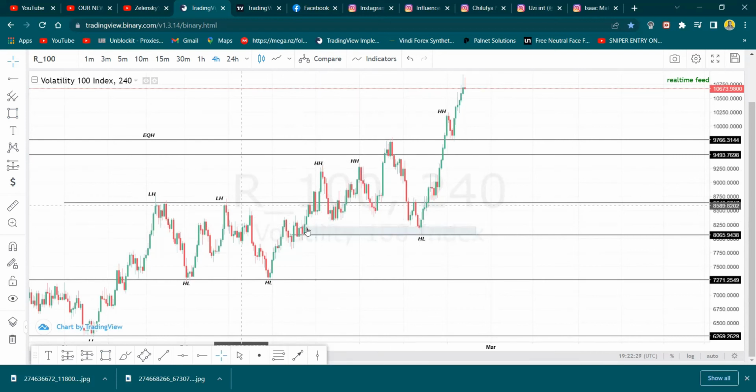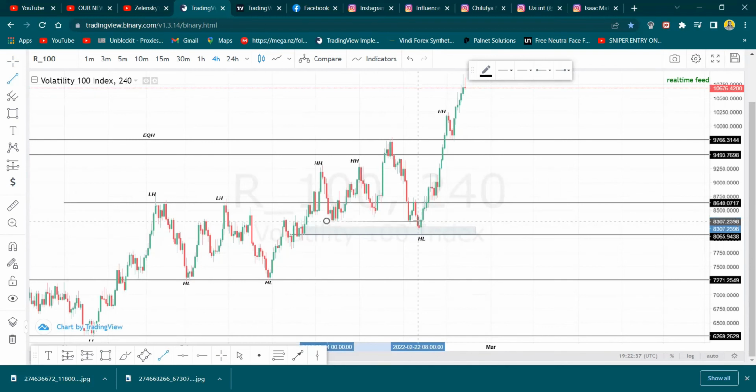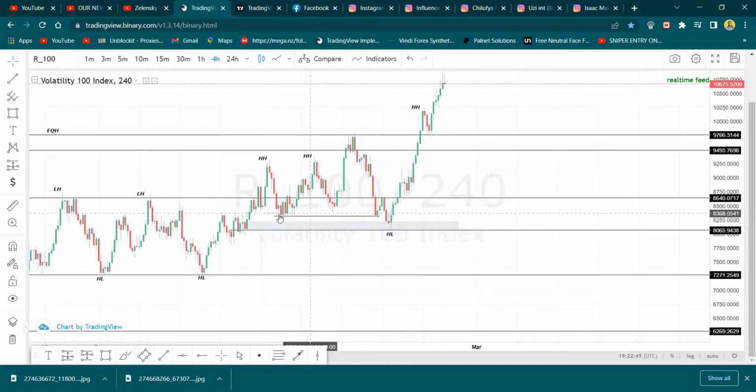The first area you can spot is this one here. Price respected it quite for some time. If you go on a lower time frame, you see that this level is tested. So a level of support is an area which has been tested several times and price has failed to break.